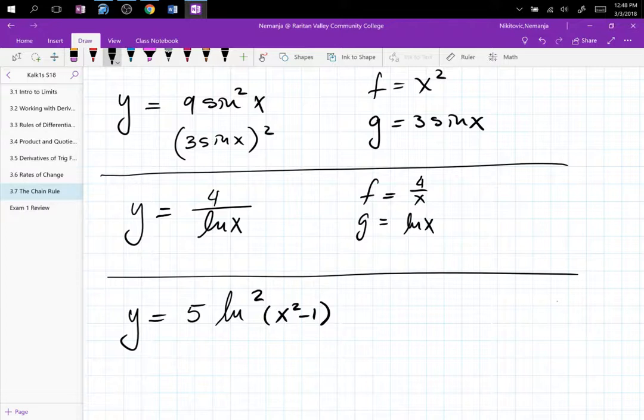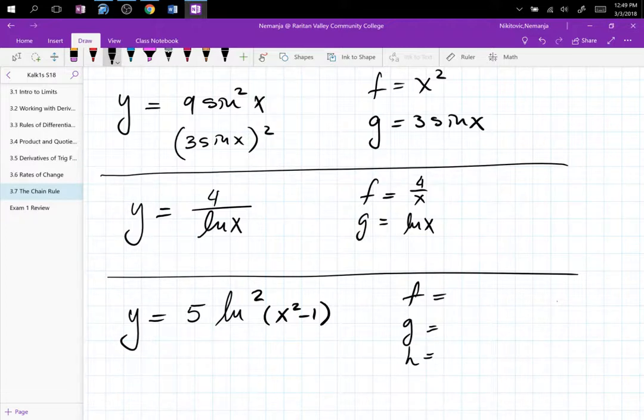The spice on this one. How many levels do we have? 3 levels. F, G, H. All right, 3 levels.